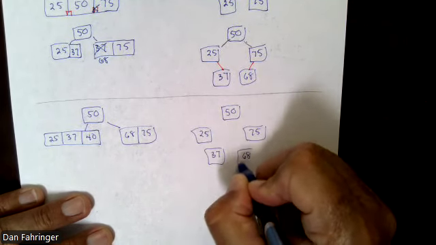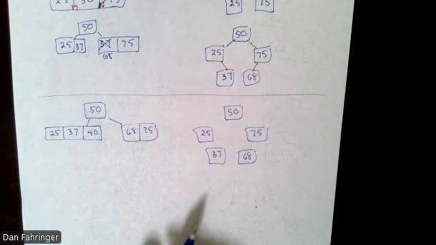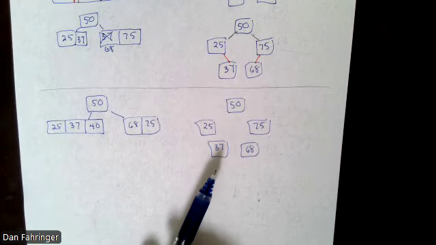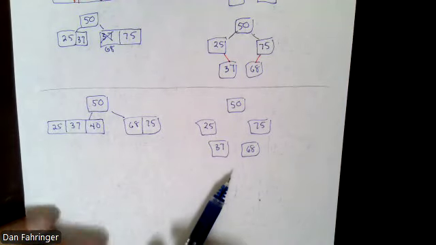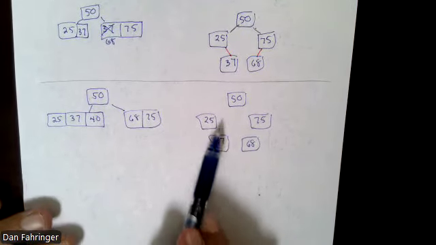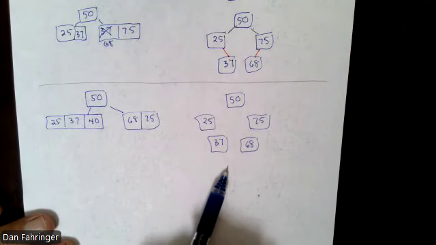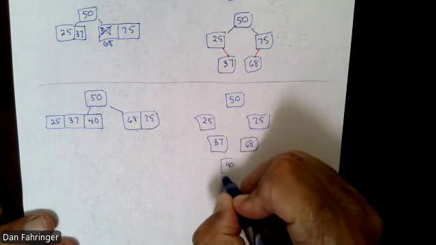Over here was 68. And we now add 40. Where do you think 40 goes? You're going to love this, folks. It goes to the left of 50, to the right of 25, to the right of 37. So 40 is now sitting down here.